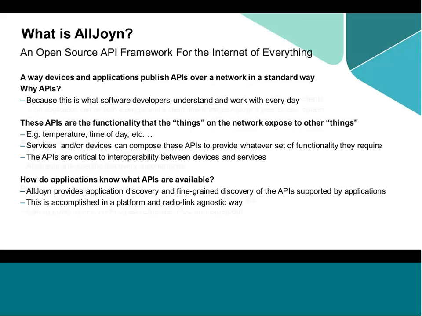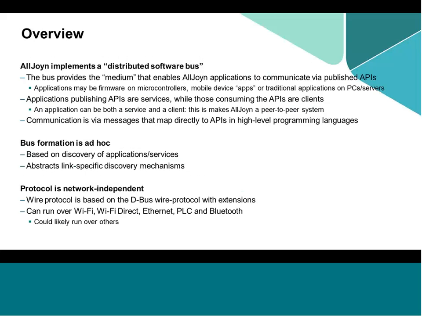So AllJoyn does all this by setting up a distributed bus architecture. And it really is what enables everything to function. AllJoyn passes messages back and forth. The protocol is based in a clean room environment, rewritten from the dbus protocol spec, but it's evolved much more than the dbus wire protocol.